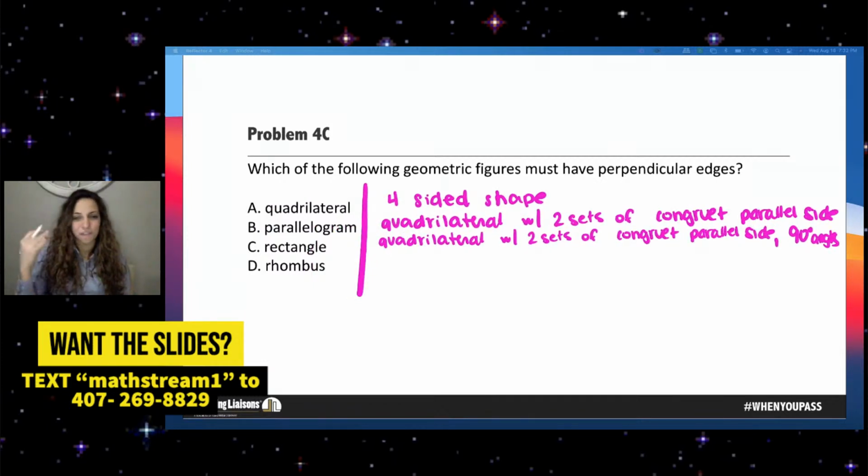A quadrilateral is a 4-sided shape. A parallelogram is a quadrilateral with 2 sets of congruent parallel sides. A rectangle is a quadrilateral with 2 sets of congruent parallel sides and 90-degree angles. And a rhombus is a quadrilateral with 4 equal sides.